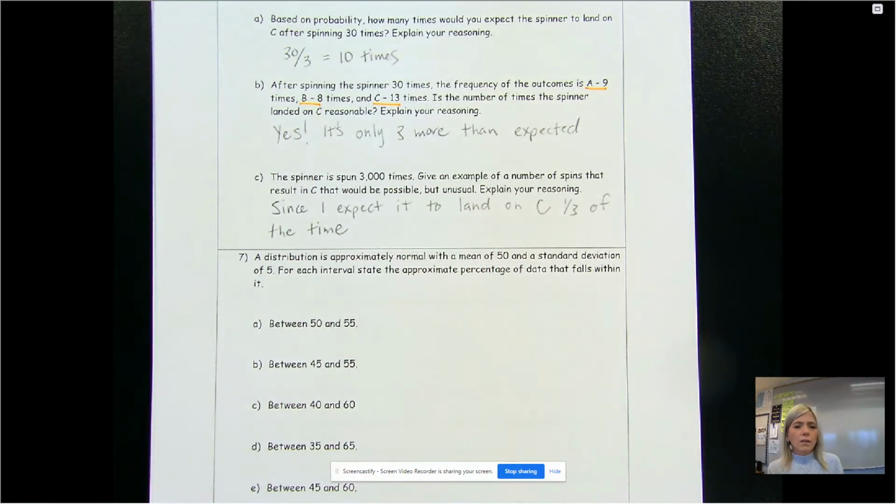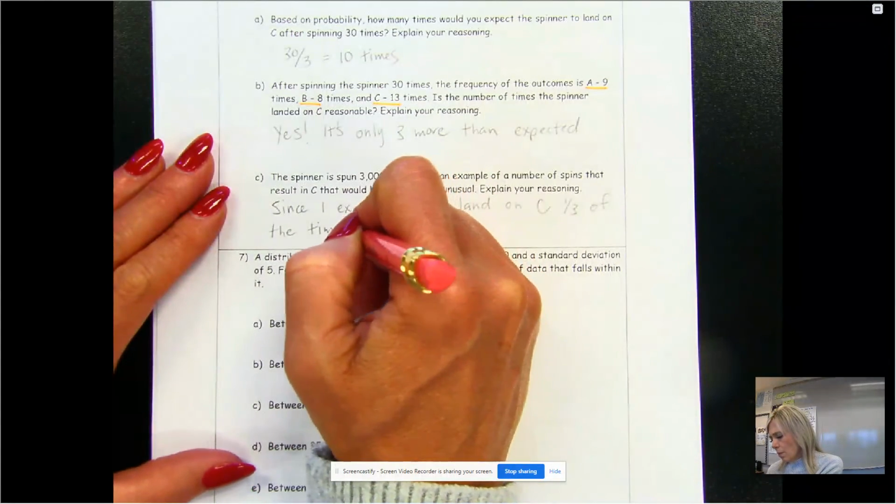Since I expect it to land on C 1/3 of the time, that's 1,000 times.